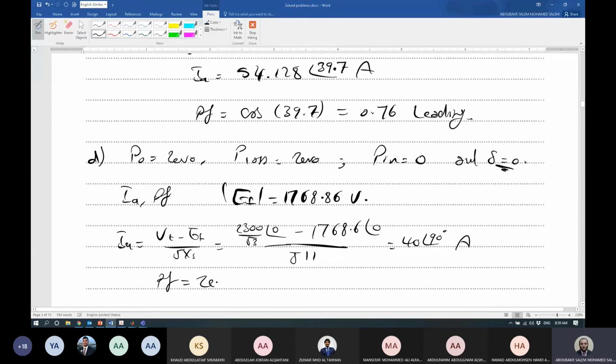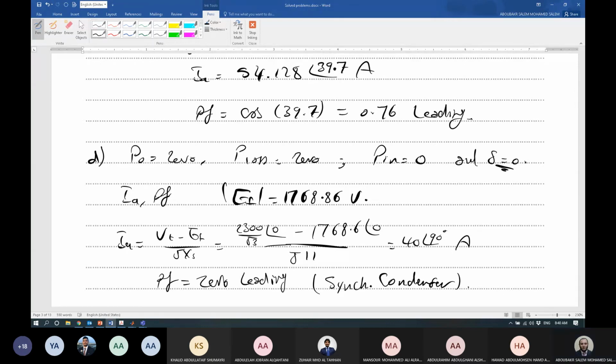Zero lagging or zero leading? Zero leading. This is right, because the angle is plus 90. So this now acts as a synchronous condenser. Right, guys? So this is one of the special cases of synchronous machine operation.